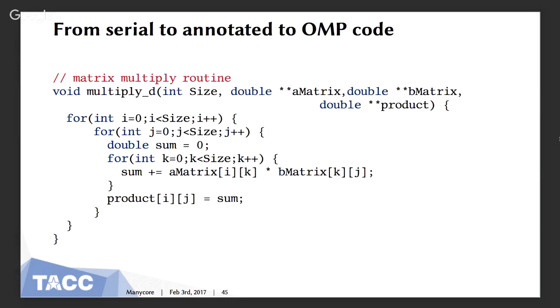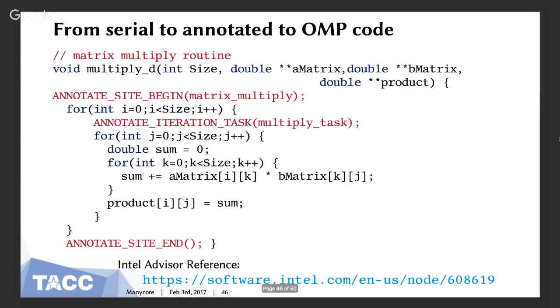So if I wanted to do a suitability analysis on a matrix multiplication routine, like you see here, you can see the 3 nested loops in here, 2 matrices multiplying one row of one matrix times a column of another matrix, and then assigning that to the product matrix at the end. I want to see how this is going to perform with OpenMP if I parallelize it.